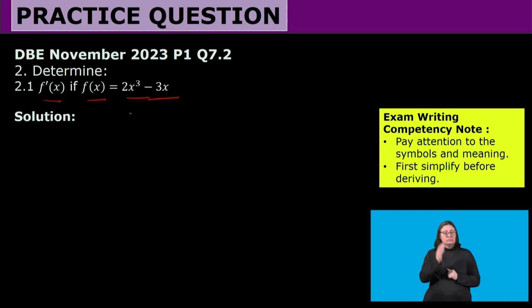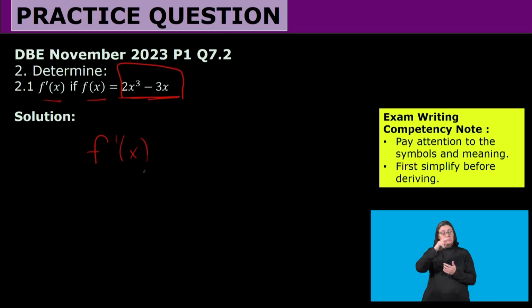So therefore, I need to use the power rule to derive this. I make sure that my expression is simplified. You see there's only separate terms here. There's no brackets, there's no roots or anything of that form. So f of x is equal to 2x cubed minus 3x. The derivative of that, using the power rule, I multiply the exponent 3 by the coefficient of x cubed.